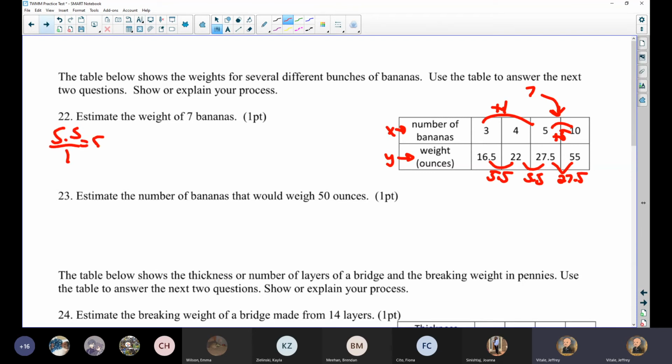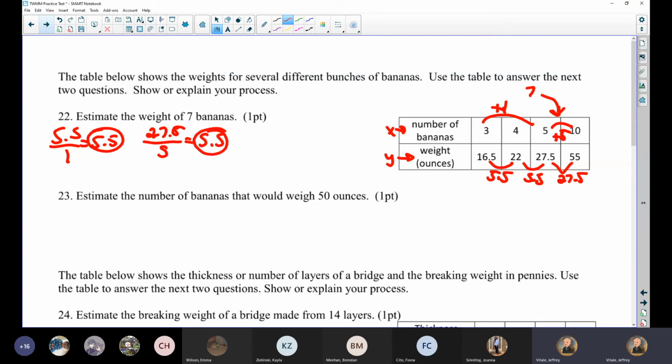We have 5.5 over 1, which is 5.5, and 27.5 over 5. Anyone know what that is? Anyone want to take a guess? All right, I'll let the cat out of the bag. It's 5.5. So we actually have a constant rate of change in the slope.